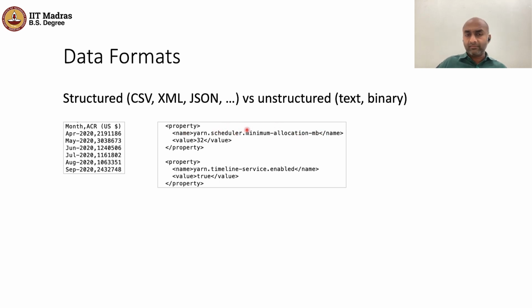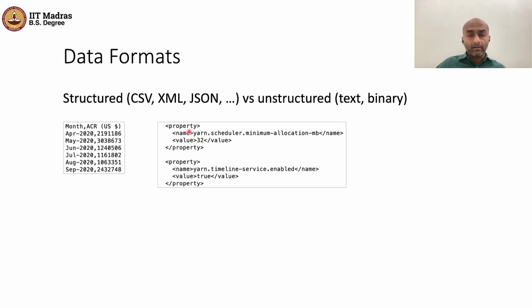The text is itself some kind of free-form string, and it so happens that here the free-form string has a specific format, right? That's called yarn.scheduler.minimum-allocation-mb. And then the value element has some number, here it's 32.